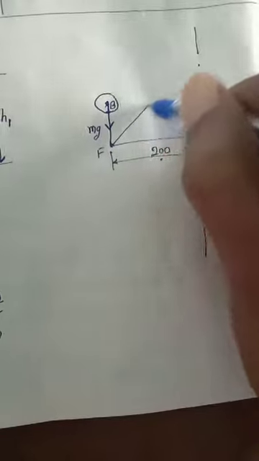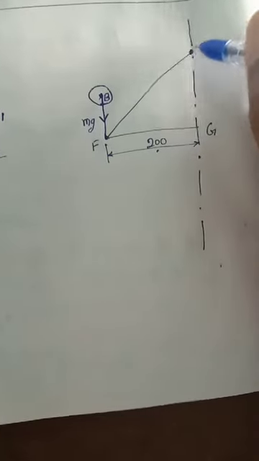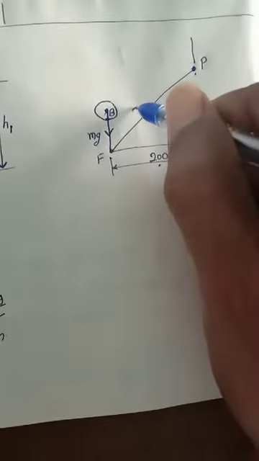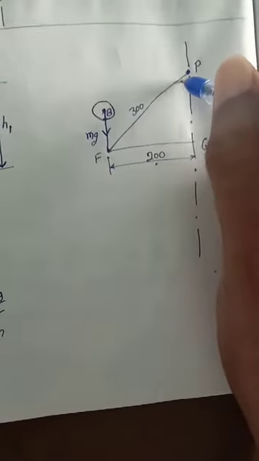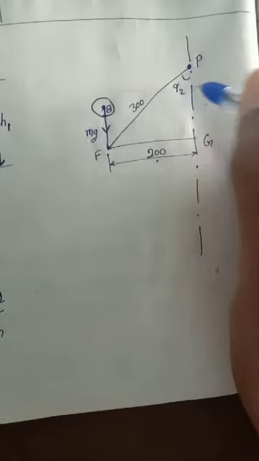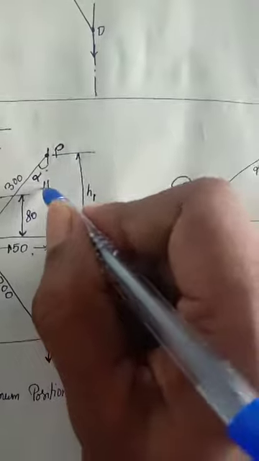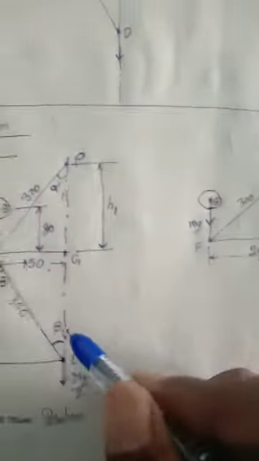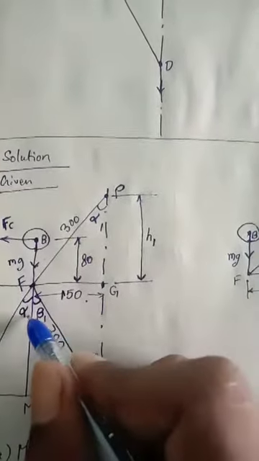So this is B, and this is small mg. This is called the pivot, and the link is 300, and this is alpha 2.